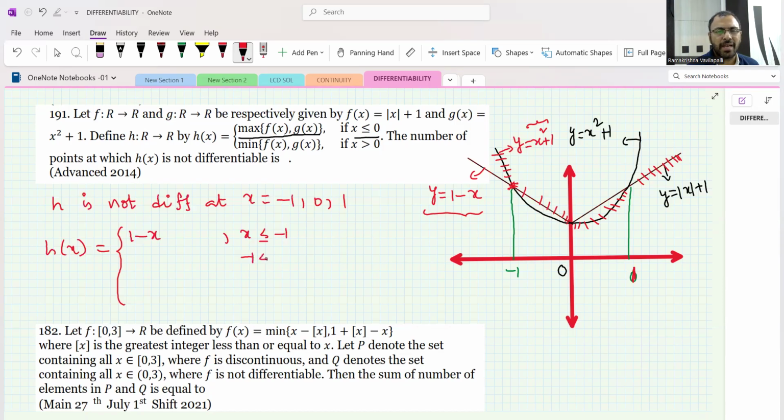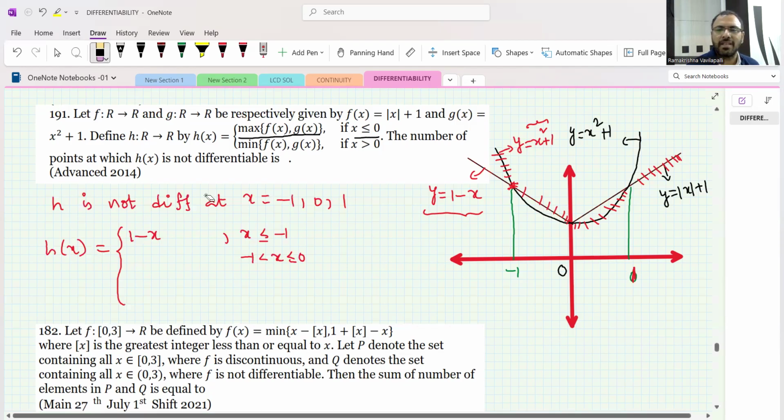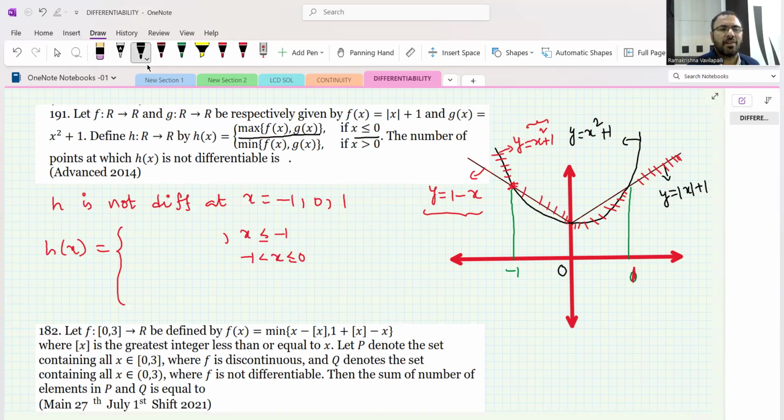Between minus 1 and 0, the first one is not 1 minus x, that is 1 plus x square graph, the maximum.